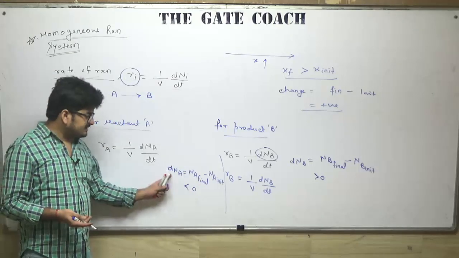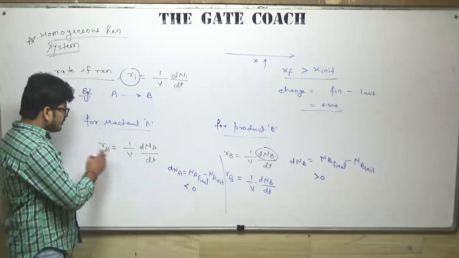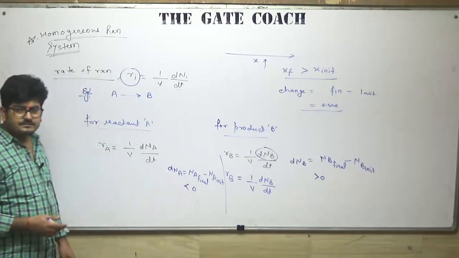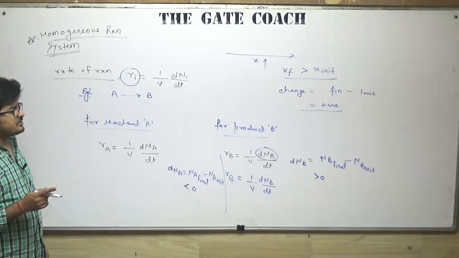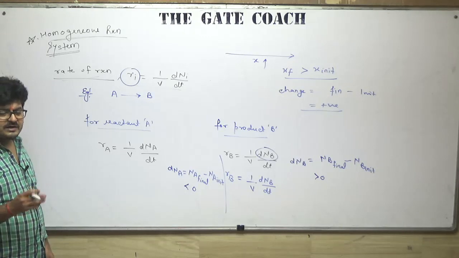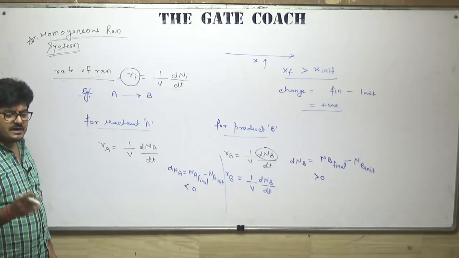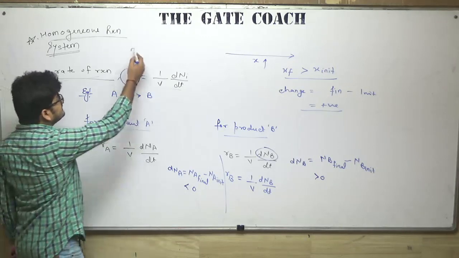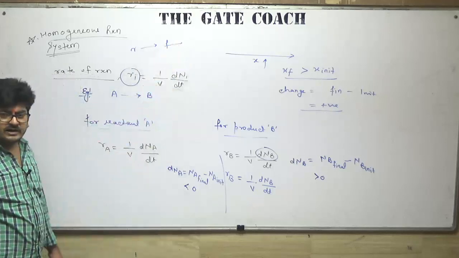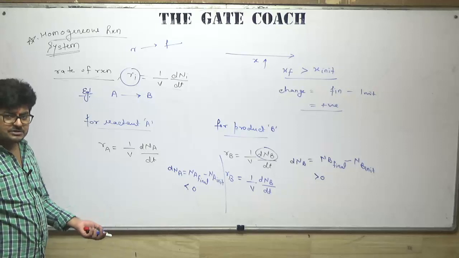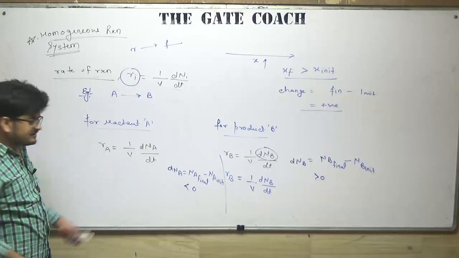And as dNa is negative, the rate will become negative as well. And we have already discussed that the rate of any process cannot be a negative quantity. Rate is always a positive quantity, as rate represents that we are moving in a forward direction, and when we are moving in forward direction, the change will be positive. So the rate has to be positive as well.